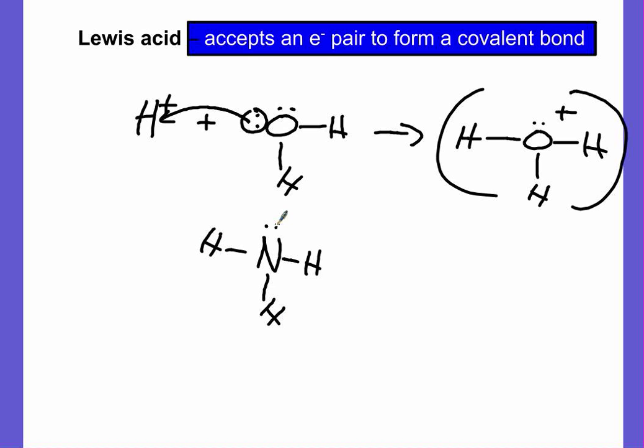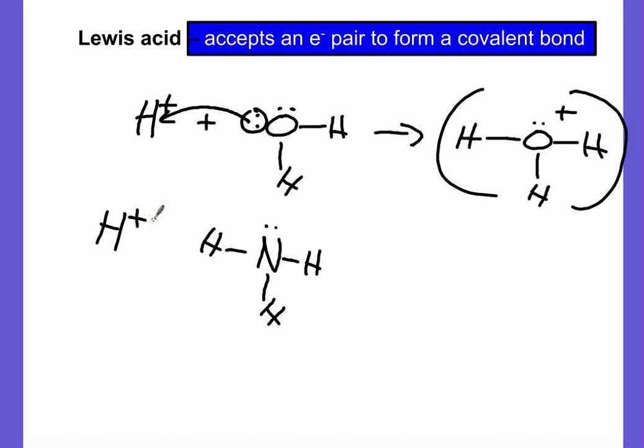That thing. What was that? Ammonia, NH3. That can react with a hydrogen ion again. Remember we talked about it before as being a Bronsted-Lowry base because it can accept the proton.